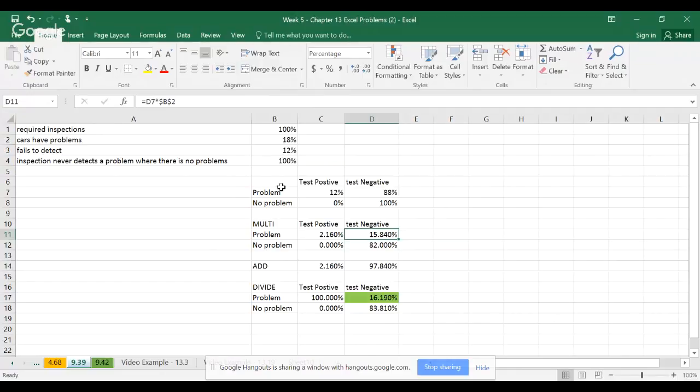The percent that have problems should add to 1, and the percent, whether they test positive or negative, right here, should be the same. That's where I was thinking they had to add to 100. Yeah, no, that's what I'm thinking. You probably flopped some inverses up here. So let's read a little bit more closely.